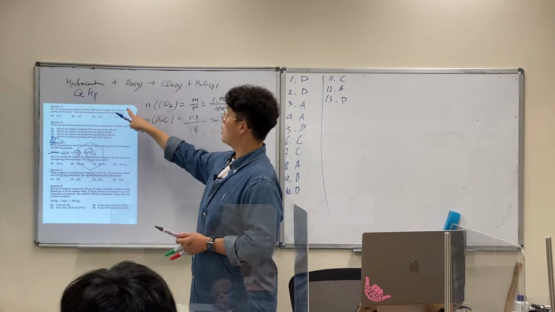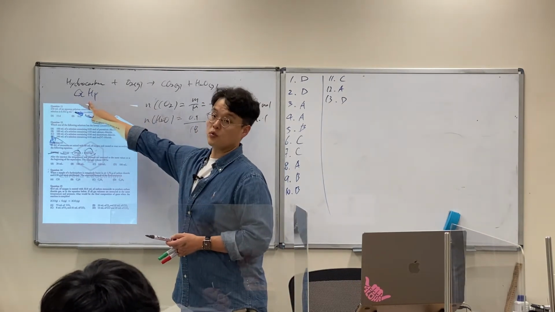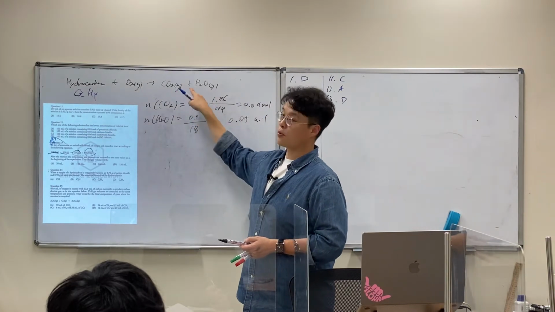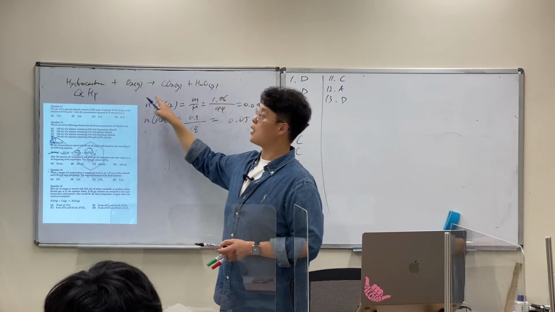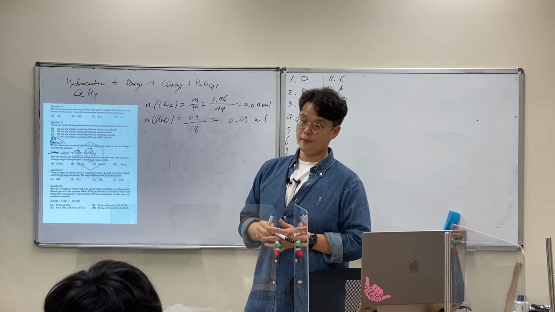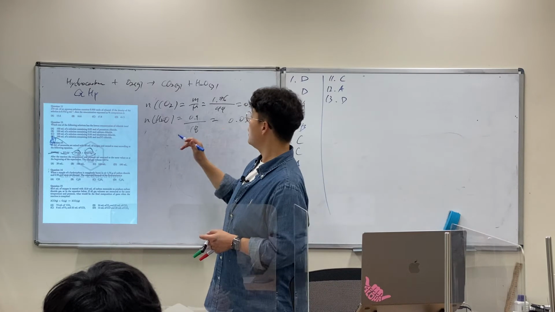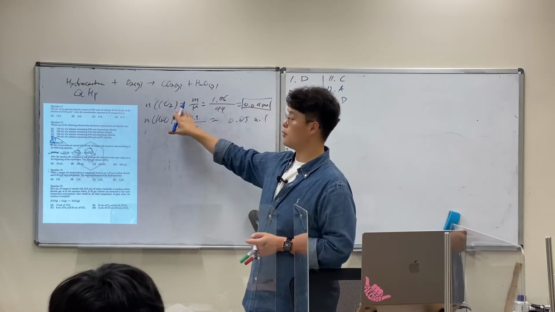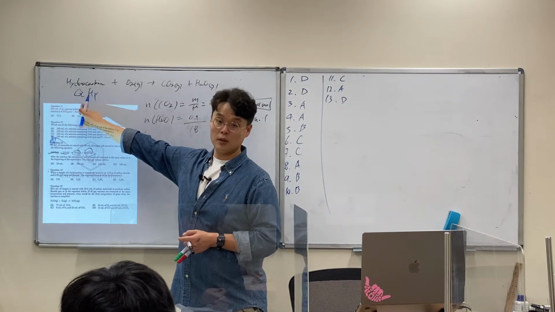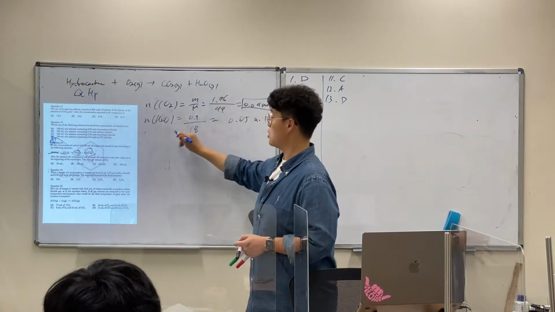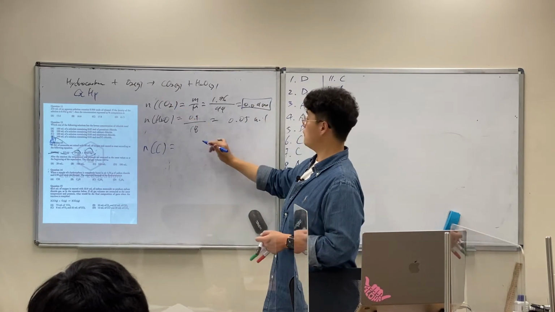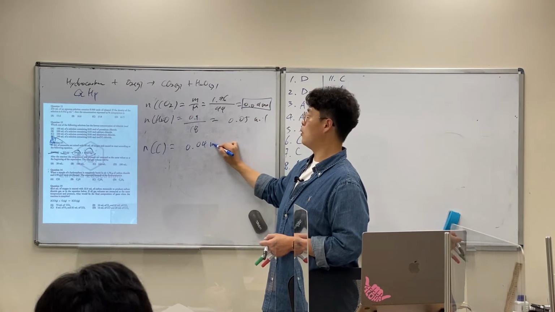Brendan, if this is completely combusted, which of these two products will determine the number of carbons in your hydrocarbon? The carbon dioxide. If we have a certain number of moles of carbon dioxide, it would be the same number of moles for the hydrocarbon's carbon. So n of carbon in the hydrocarbon equals 0.04 mole.